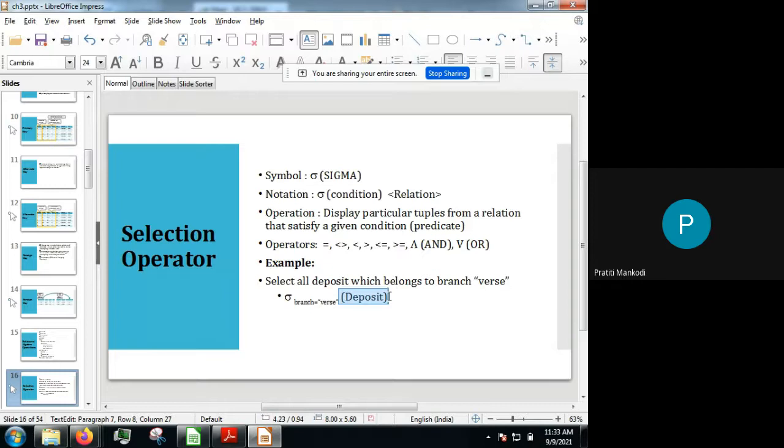It takes only one argument, one operand. Similarly, your selection operation also takes one relation only. Is it clear? So it can retrieve tuples from one relation only at a time. Shall I proceed? Got the concept? Similar to your where clause in SQL. Okay, let's proceed then.